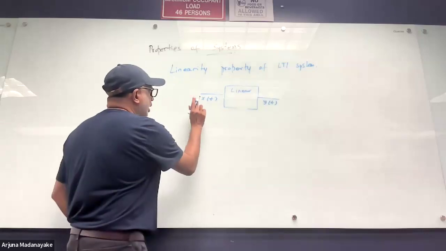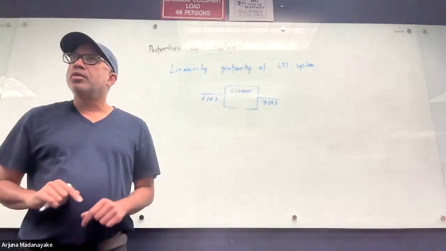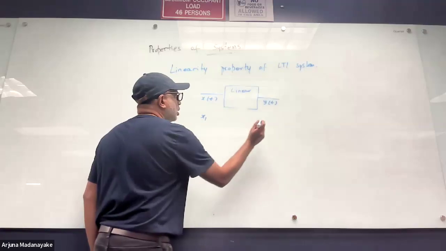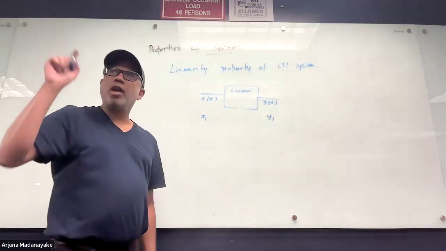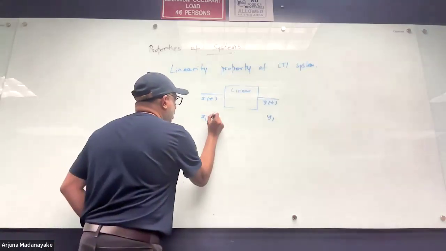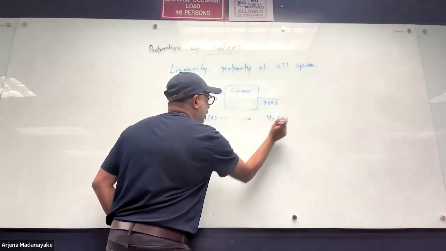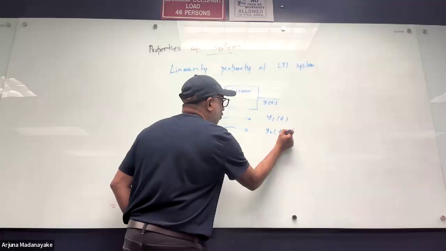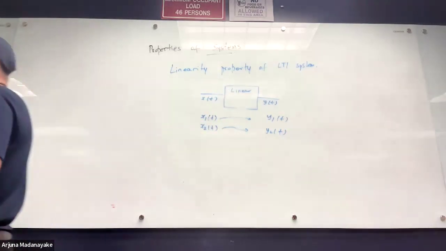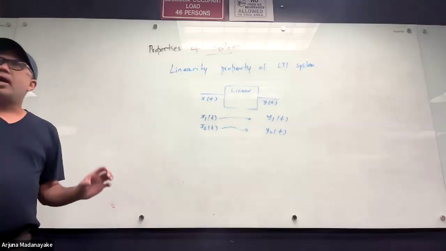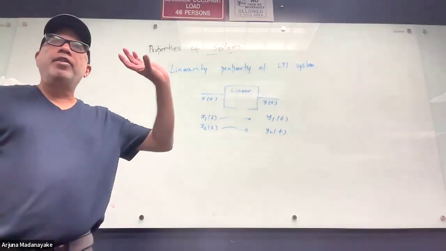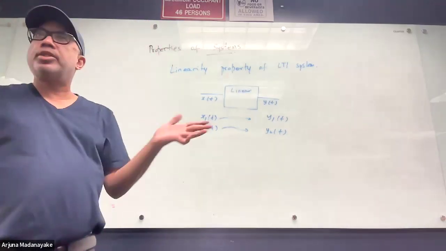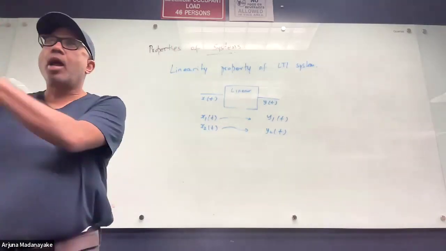So what that means is I can take any example of input, let's call it x1. If I give it x1, it's going to produce the corresponding y1. So x1(t) produces y1(t). A different example, x2(t), will produce its corresponding y2(t). If we know that x1 produces y1 and x2 produces y2, we can scale x1 and x2 by different amounts, add them together and make a new signal, and the same scaling operation happens at the output side.